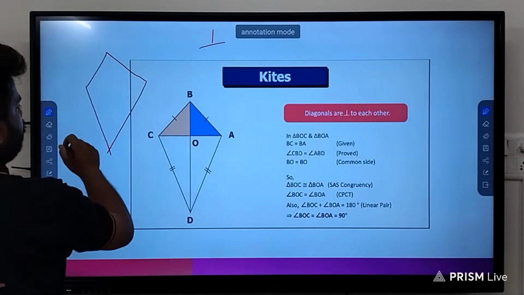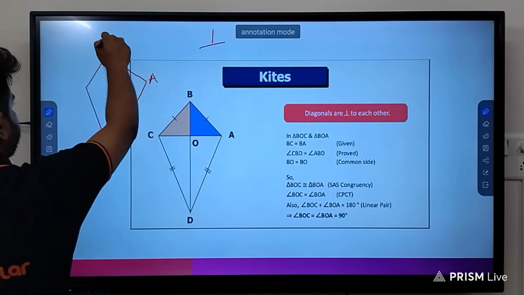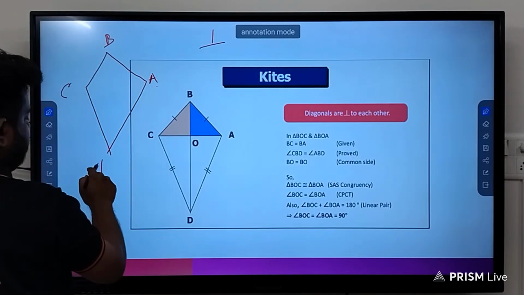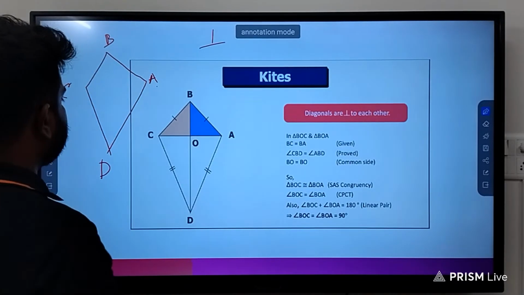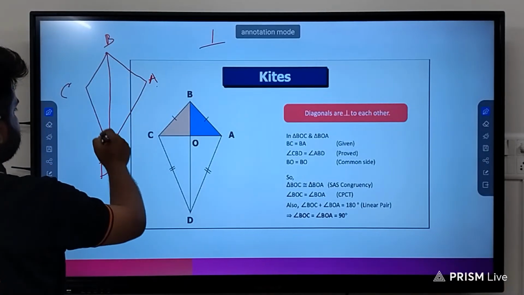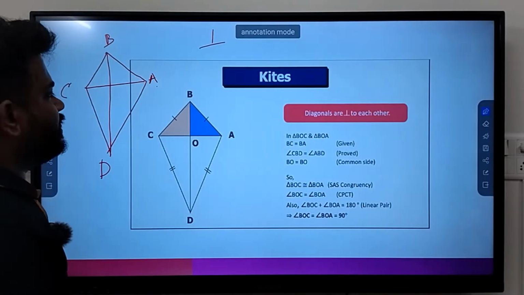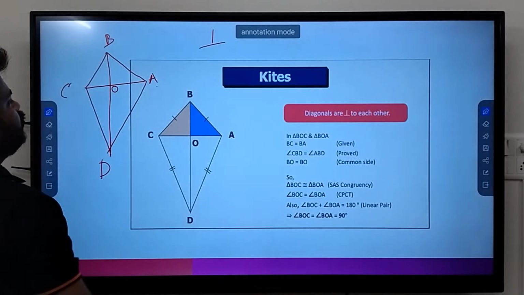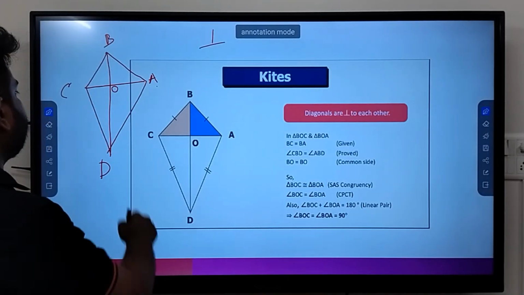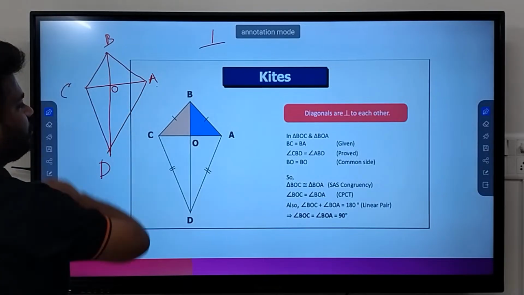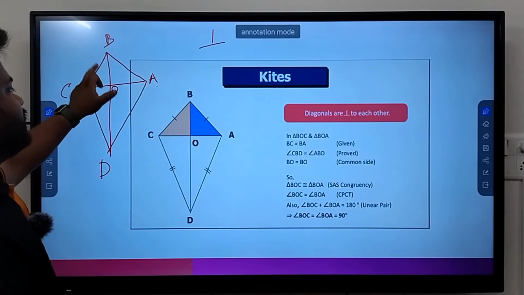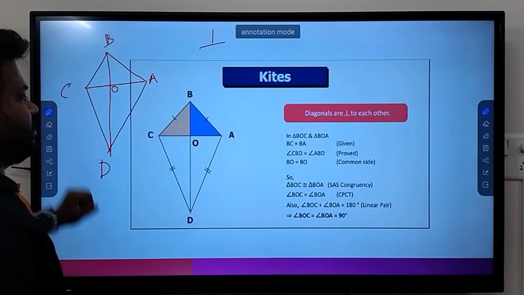So a kite with vertices A, B, C and D has two diagonals like this which meet at O. From this we can say there are two triangles here, BOA and BOC.